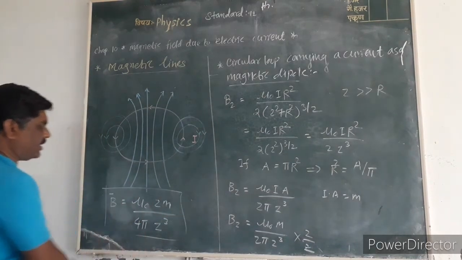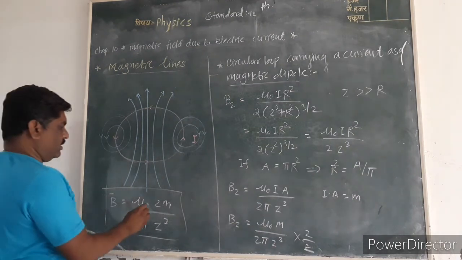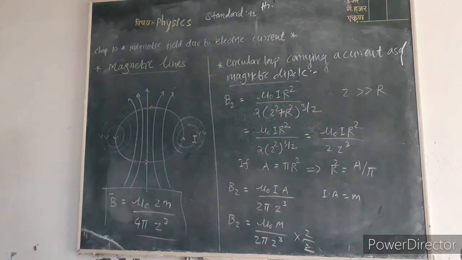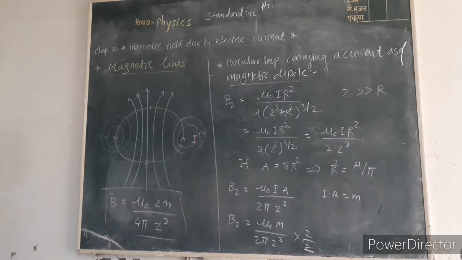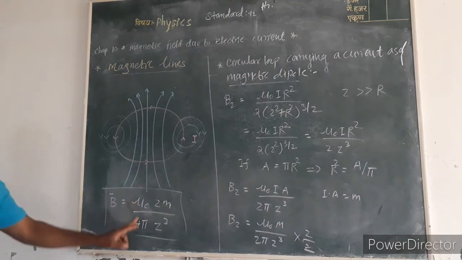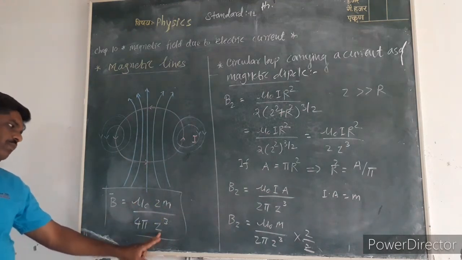This is the magnetic induction due to a magnetic dipole moment or magnetic dipole. Hence, this circular coil acts as a magnetic dipole. B bar is equal to mu 0 upon 4 pi into 2m upon z cube.